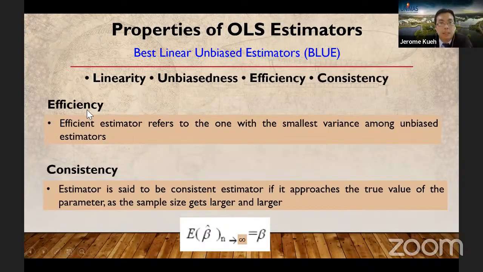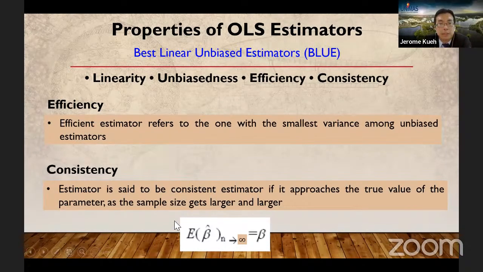And the third one is efficiency. This refers to the minimum value of the variance. So the estimators carry the minimum variance, which means these estimators are very efficient. And in terms of consistency, we're referring to the sample size. The larger the sample size, the closer the expectation of this beta hat will converge to the true beta.